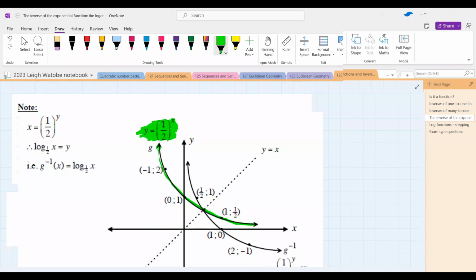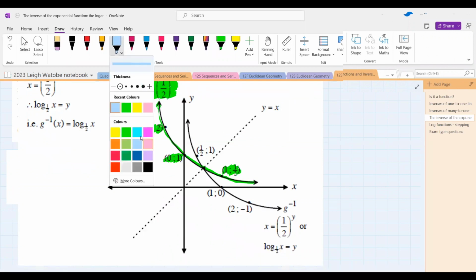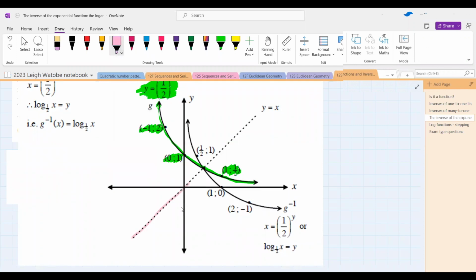Again, can you see here we've got the same y-intercept, and then we've used similar points, those coordinates over there and those coordinates over there. Here is our line y equals x. I'm going to highlight that in pink for you.